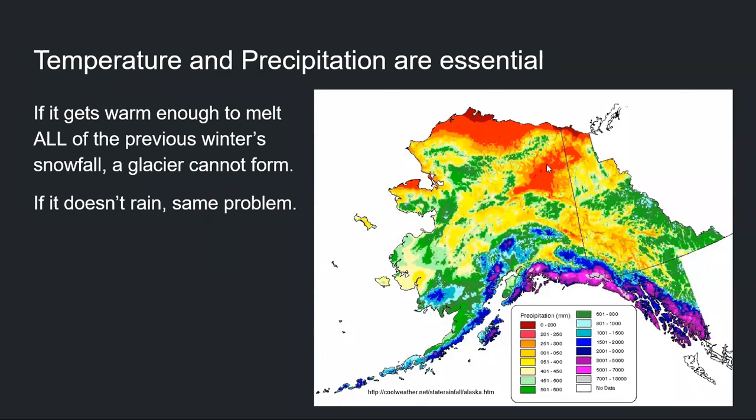The Brooks Range, for example, has some glaciers, but it's very, very dry. It doesn't necessarily get hot enough in the summer to melt everything, but it just doesn't snow that much. And if we look at Fairbanks, it's not a particularly wet area, but it does get too hot in the summer to save any ice.